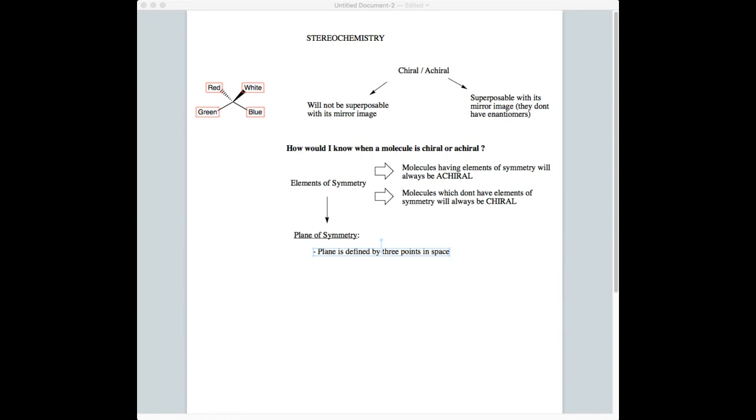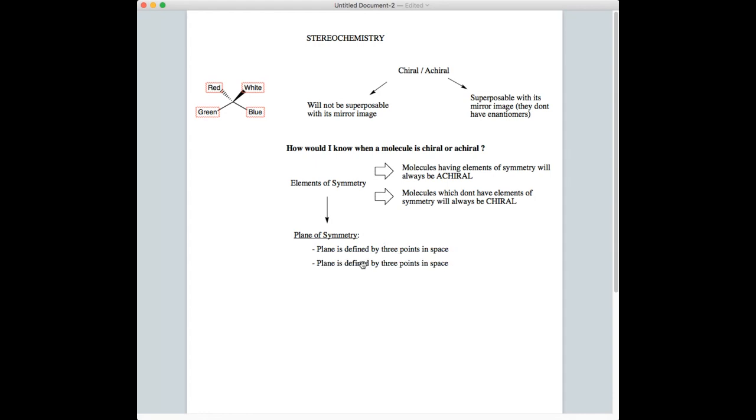So when you think about a plane of symmetry, first you need to know what exactly a plane is, something you've seen in math, and once again a plane is defined by 3 atoms in a molecule. Any three atoms will define a specific plane. So what exactly is a plane of symmetry?